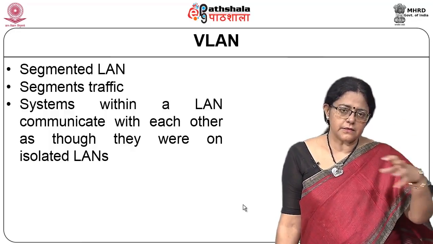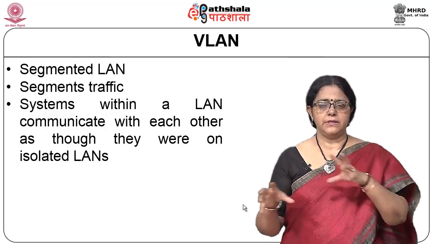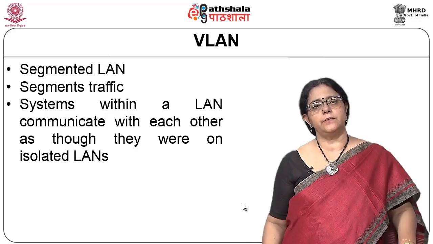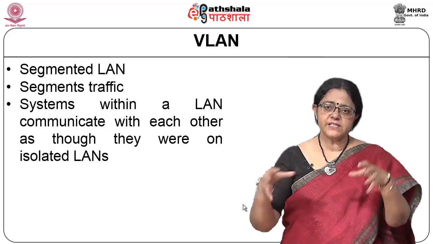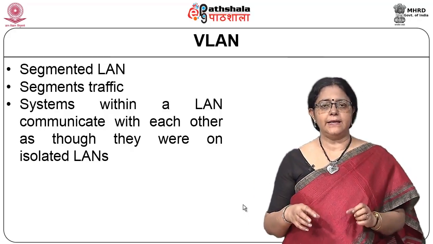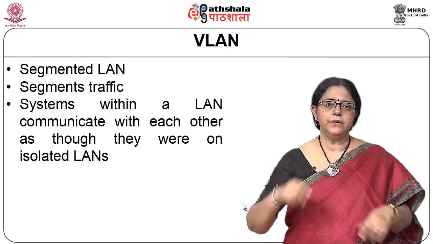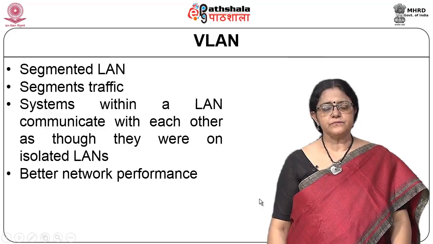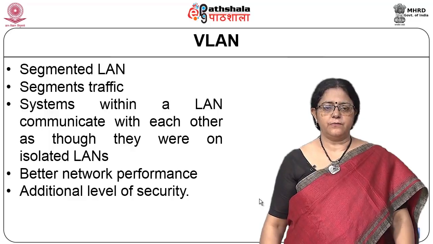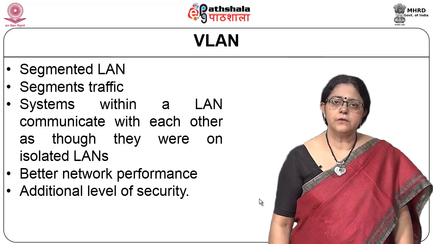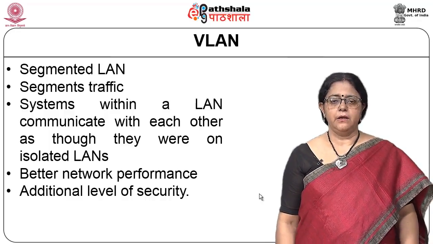So, it will segment some paths, and it will create communication paths among these groups in such a way that, although physically they are on the same LAN, each of these groups will look like they are on independent isolated LANs, and they are connected over the networking. This way we get improved network performance, and also because of the isolation we can get an additional level of security.